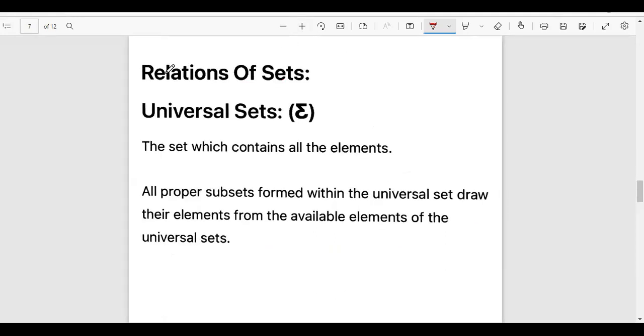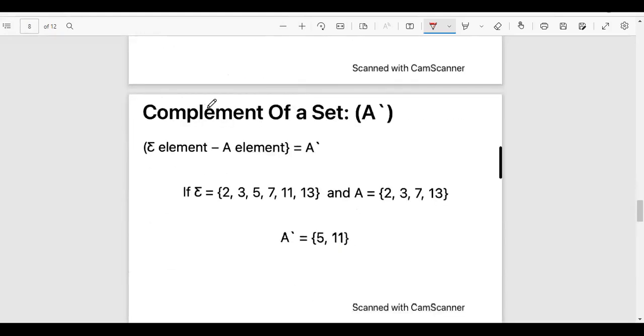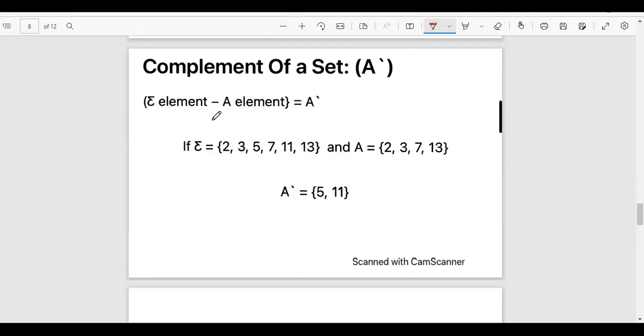relations of sets. Universal set, the set which contains all the elements. All proper subsets formed within the universal set draw their elements from the available elements of the universal sets. Okay, one second. I'll explain to you. Don't worry. Okay, let's talk about this one. Acha. Abhi tak, we were talking about sets individually.